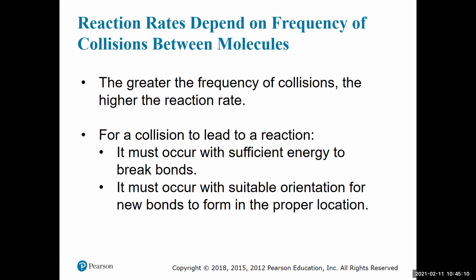So we do things to increase the frequency of collision, concentration, temperature, stuff like that. And that usually leads to a higher reaction rate. But just the collision by itself isn't enough for the right reaction to occur. And so whenever you do a chemical reaction, and I think we've talked about this in the past, we did some yield calculations last semester, maybe you get 85% yield of the product that you're looking for.